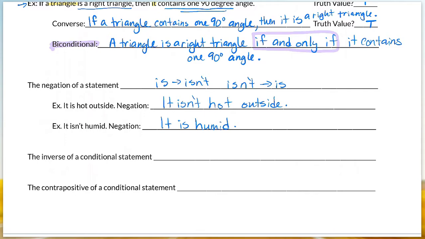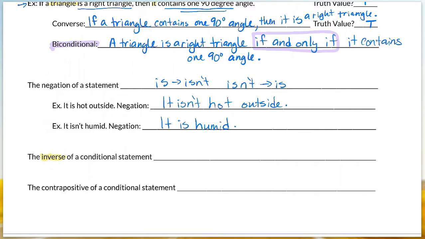The inverse. So we looked at a conditional, that's your if-then phrase. We looked at the converse when you switch the order. The next main one is the inverse. And the inverse of a conditional statement is when you negate the conditional.